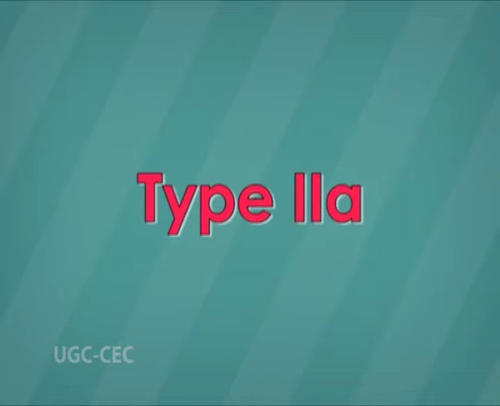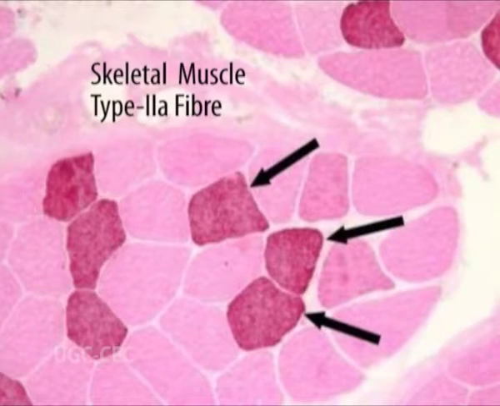Type 2A. Type 2A fibers are also known as fast oxidative fibers. They are a hybrid of type 1 and type 2B fibers. These fibers contain a large number of mitochondria and myoglobin, because of which they are red in color.